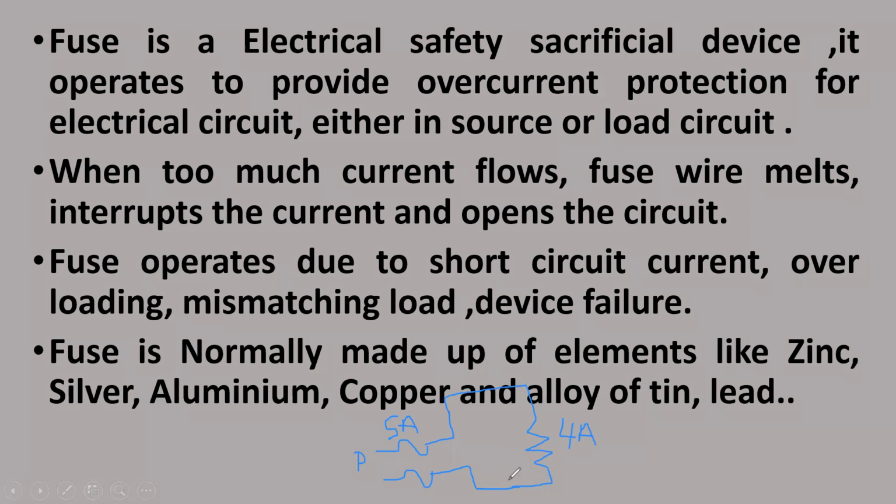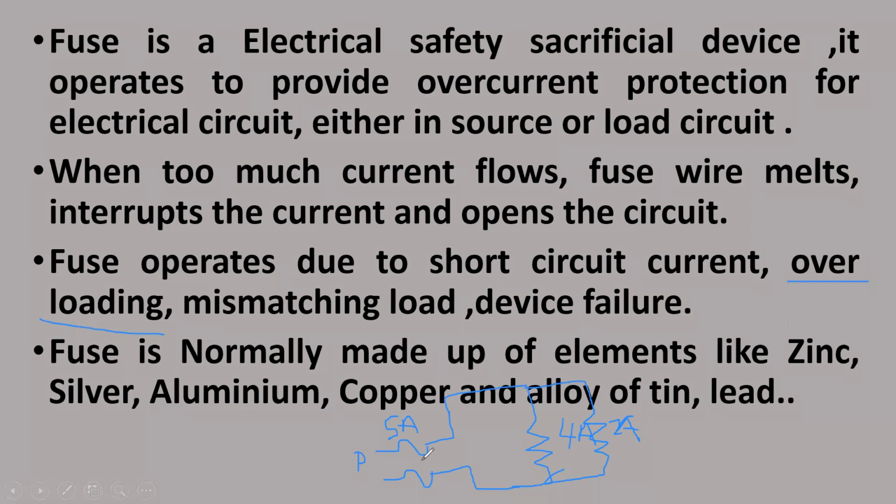If there is any abnormality, suppose I'm overloading it. What do you mean by overloading? I'm just defining what overloading means. Suppose I'm connecting one more device here, and that device's current is 2 amperes. So now it has become 6 amperes. Whenever it gets overloaded, this 5 ampere fuse will blow.